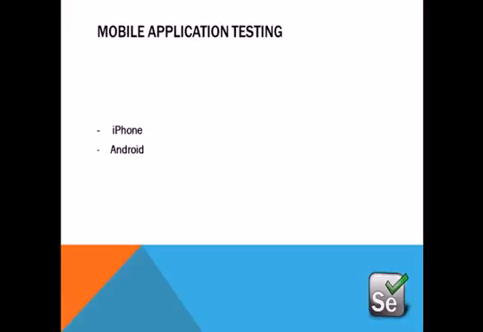And when I talk about mobile application testing, the two native OS coming to us are iPhone and Android. Selenium 2 has the testing mechanism for both of them right now, and today my demo is going to be on Android and Selenium.